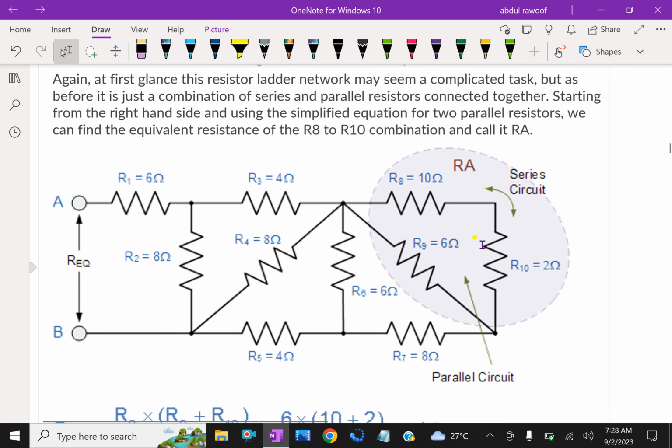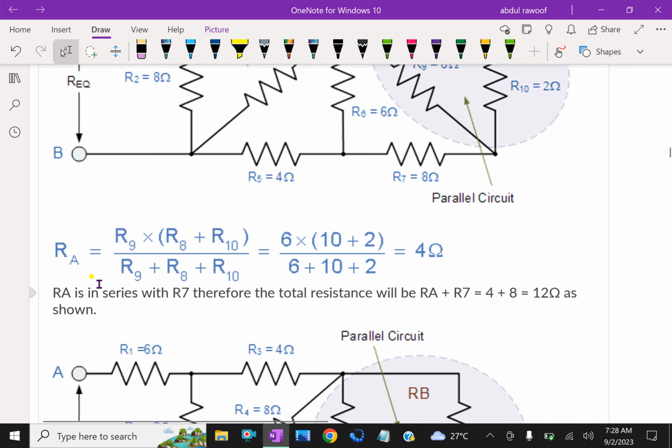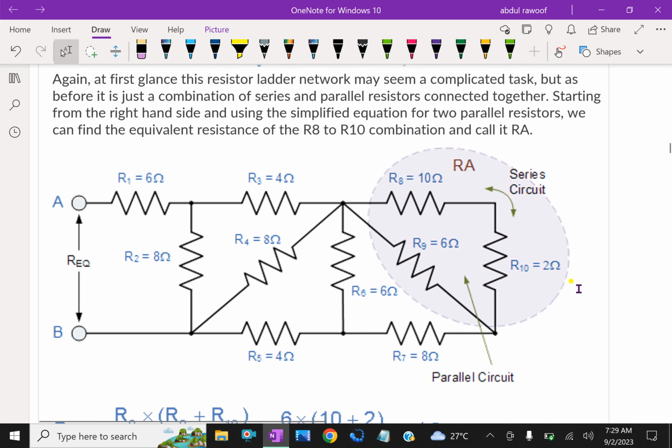R8 and R10 are in series and that is parallel with R9. This shaded combination is here. RA equals R9 into R8 plus R10 over R9 plus R8 plus R10. This is the effective resistance of the shaded area. So it becomes 4 ohm. This altogether gives 4 ohm.